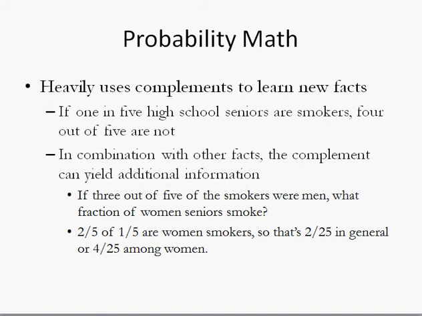So that's 2/25 in general, or because we're thinking about a population that's split evenly between men and women, it would be 2/25 of the population overall, or 4/25 of women were smokers. That's going to be a different fraction than men.